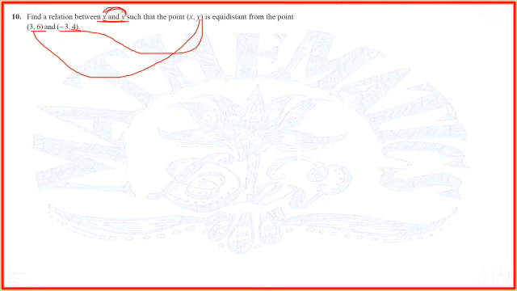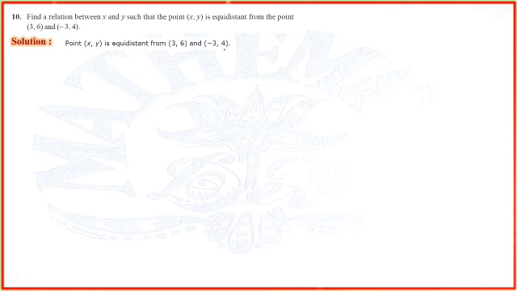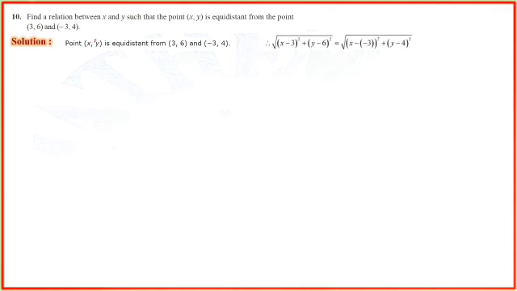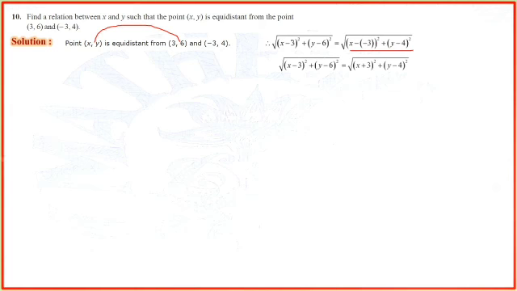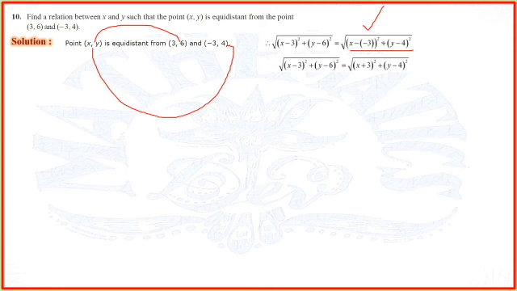Point (x, y) is equidistant from (3, 6) and (minus 3, 4). So first of all, the distance between (x, y) and (3, 6) is root of (x minus 3) whole square plus (y minus 6) whole square, which is this one. And this is also equal to the distance between (x, y) and (minus 3, 4), that we have already written here: (x minus minus 3) and (y minus 4).